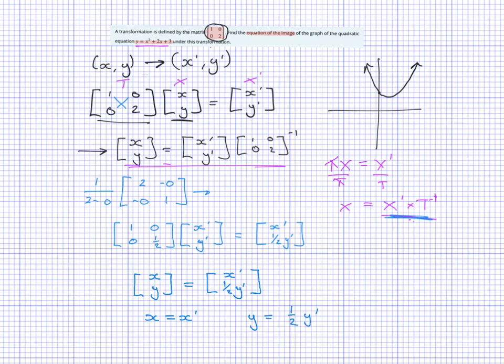And then, final step, you would plug this and this into the equation everywhere you saw these and these. So it would be 1/2 y image, replacing y, equals, instead of x, x image squared, plus 2, instead of x, x image, plus 3. And then you can simplify this if you so choose, and it's going to become 1/2 y image equals x image squared plus 2x image plus 3. All right, and this is the new equation.